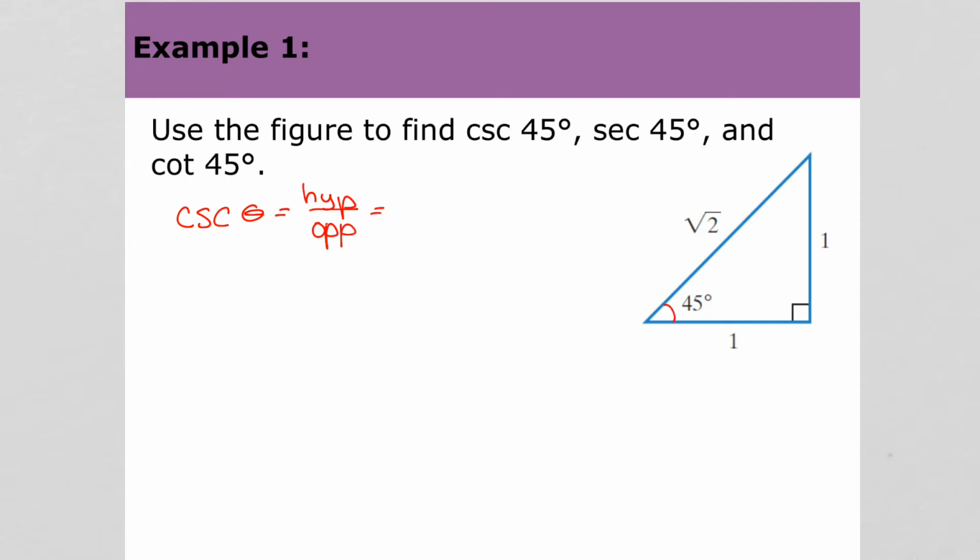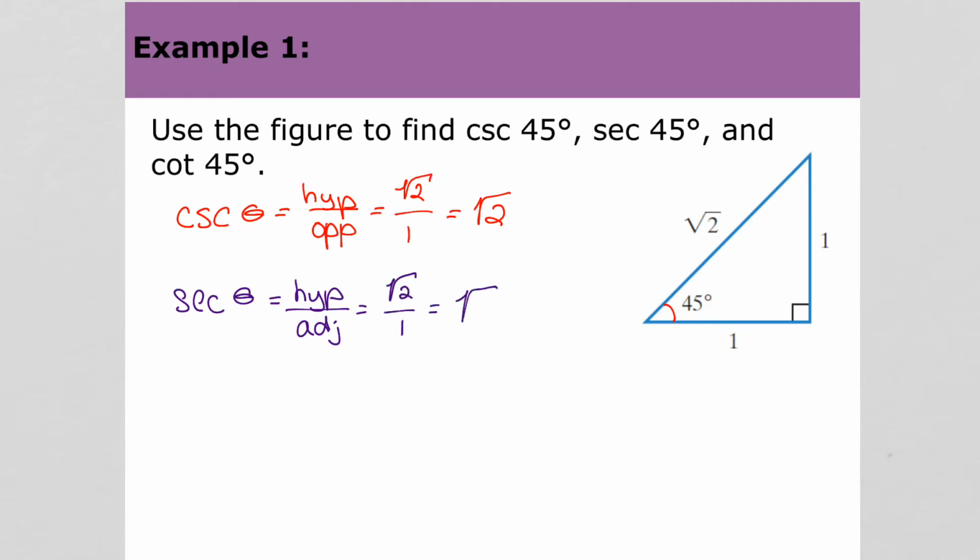So if we're looking at this angle, then we've got square root of 2 over 1 or square root of 2. Secant is the hypotenuse over the adjacent. That's square root of 2 over 1 or square root of 2.